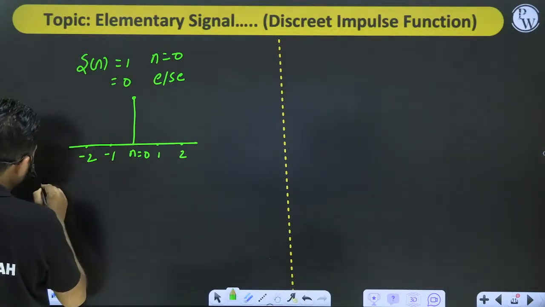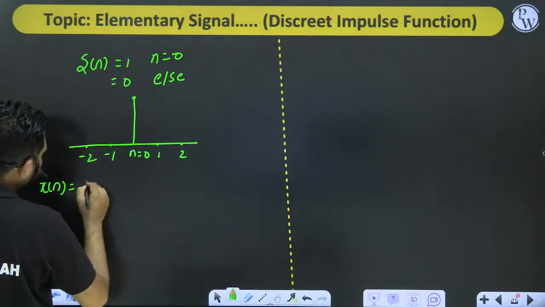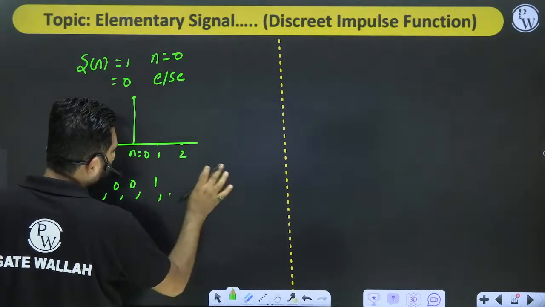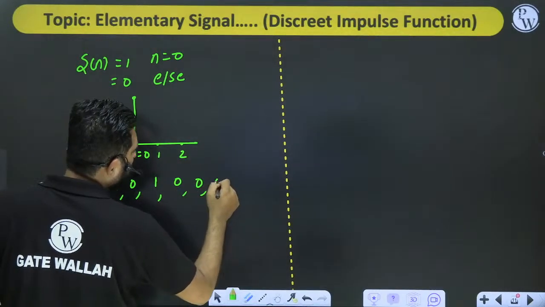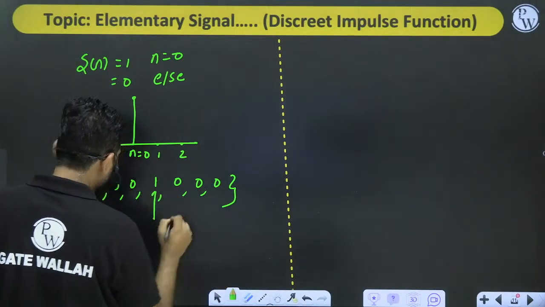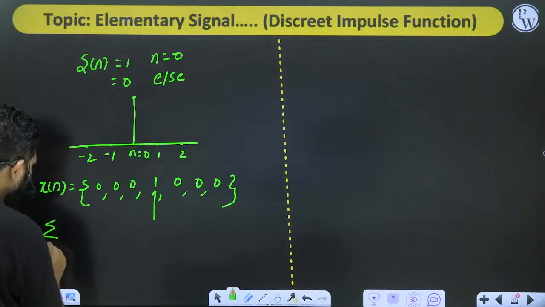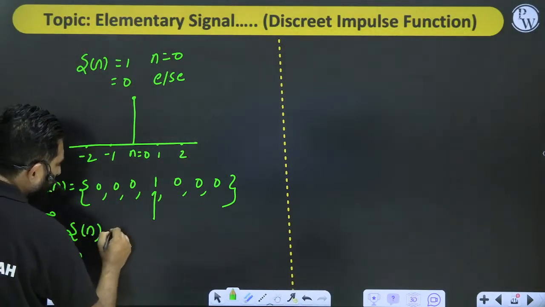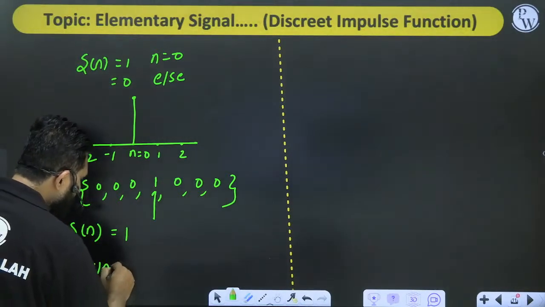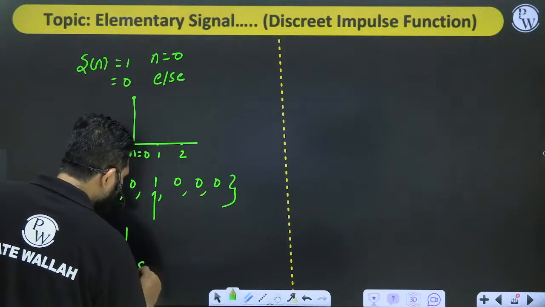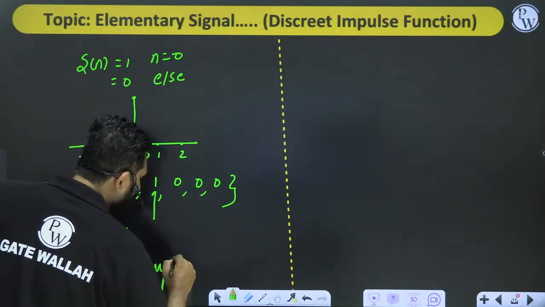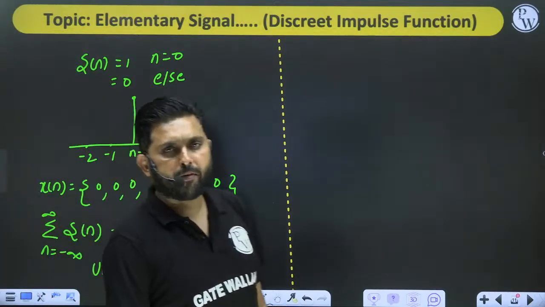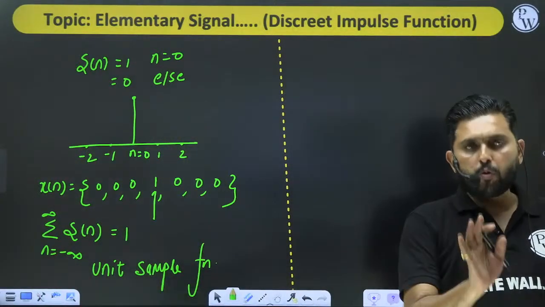This I am calling x[n] as 0, 0, 0, 1, 0, 0, 0, and here is the arrow. And the summation from n equal to minus infinity to infinity of delta[n] is equal to 1. This I am calling a unit sample function. Simple. Throughout, this is what the impulse function is.